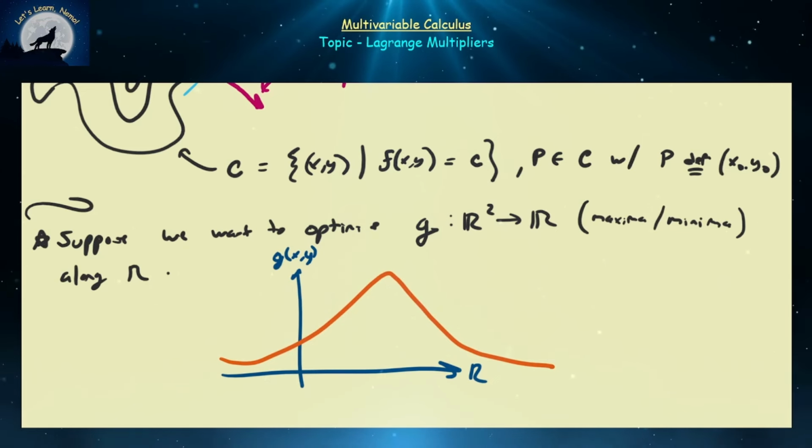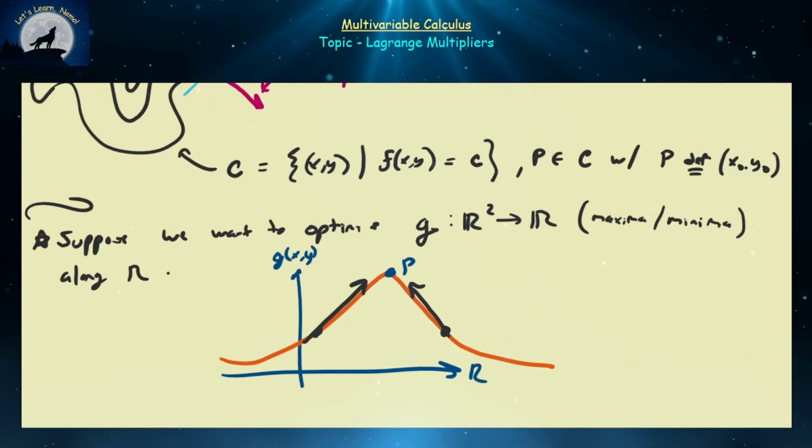Let's pretend that this point here is actually the same point P that we built the tangent to for the surface of f. If we were to take the gradient at this point, then the gradient obviously is going to point in that direction. And if we were to take the gradient of G at that point, then it's obviously going to point in that direction.